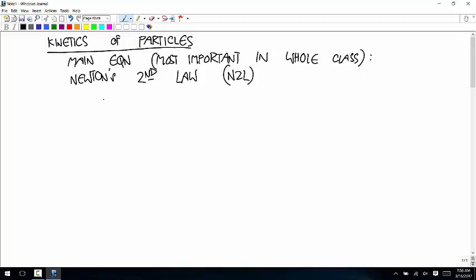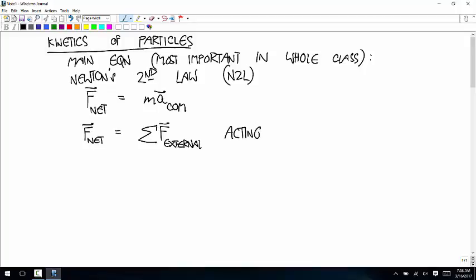Newton's second law says F net is equal to the mass of a chosen object times the acceleration of the chosen object's center of mass. With particles, the object is just treated like it's in a single location, so the center of mass thing isn't super important. But F net is the sum of all external forces acting on the chosen object.